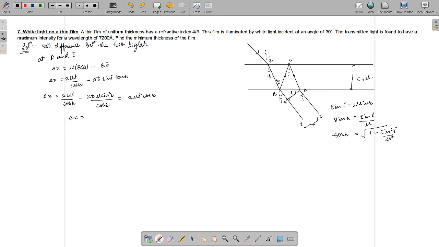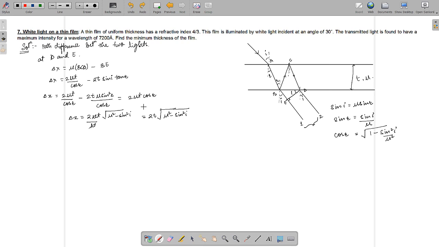So using this we can write for any general angle that delta x will be equal to 2 mu t into under root of mu square minus sin square I by mu, where mu gets cancelled, which is nothing but 2t into under root of mu square minus sin square I, or 2 mu t cos r.